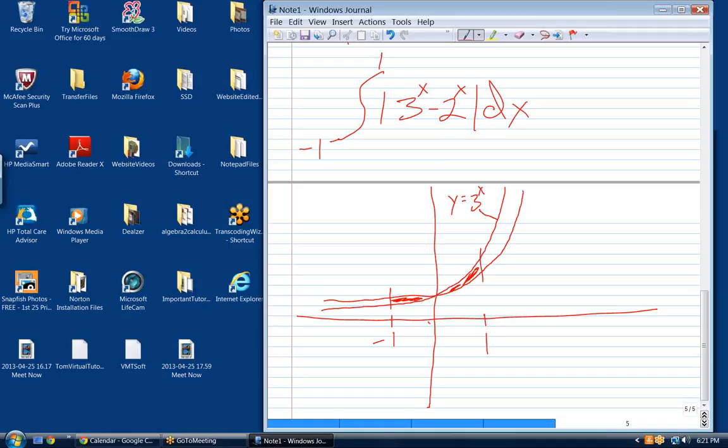In other words, that's equal to that function, but y equals 2 to the x is equal to this one here. Okay. So by making it absolute value, we're going to get the net area, similar to that other problem I was describing.